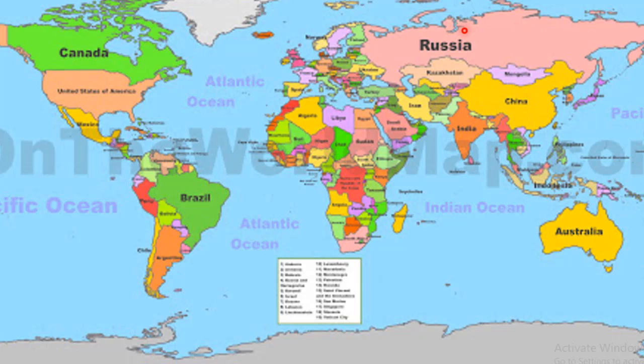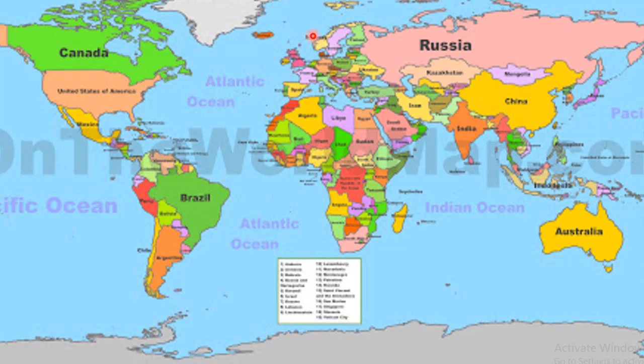Russia is part of Europe and part of Asia. Then this is South America, and this is North America. And of course this is Australia, or sometimes it is called Oceania: Australia, New Zealand, and all the islands together. So these are the main regions; the countries we will be learning about are from the First World War.